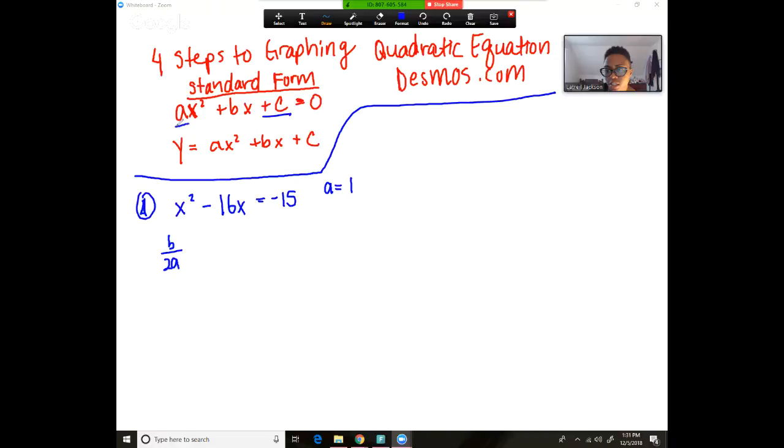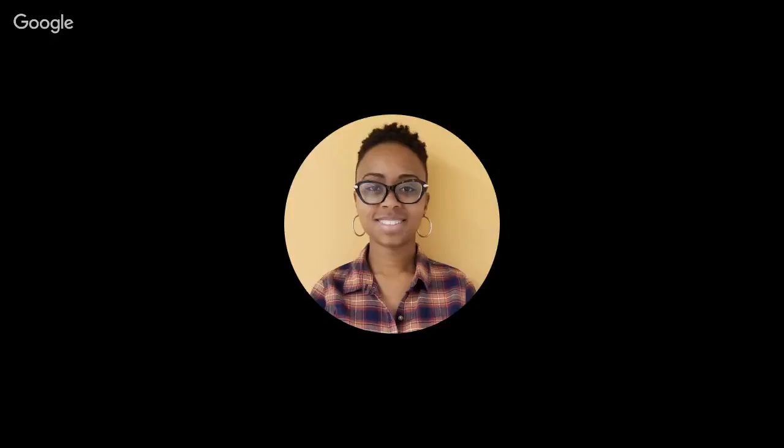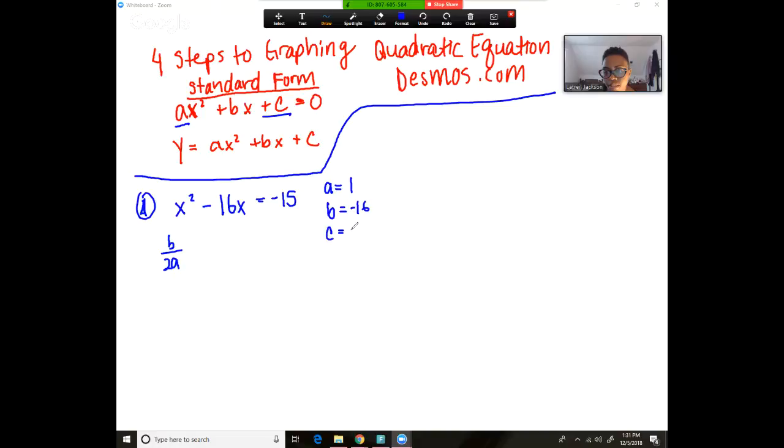And positive 15. We move this C over to where it's supposed to be. If we add it, it would be positive 15 on the other side, equal to 0. C is in the correct place in the standard form. It's not in the correct place here.